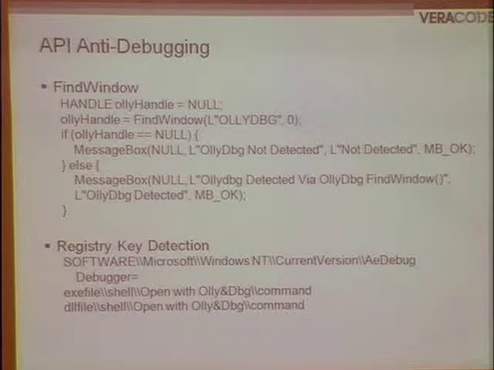But essentially, you're checking registry keys. The first one there denotes which debugger is set up as default, the default debugger for when a program crashes. The other 2 are shell extensions, like the little drop-down menus, like debug with or whatever. So again, that one's more heuristic based, but it's a good way to know that at least a debugger is installed on the system.